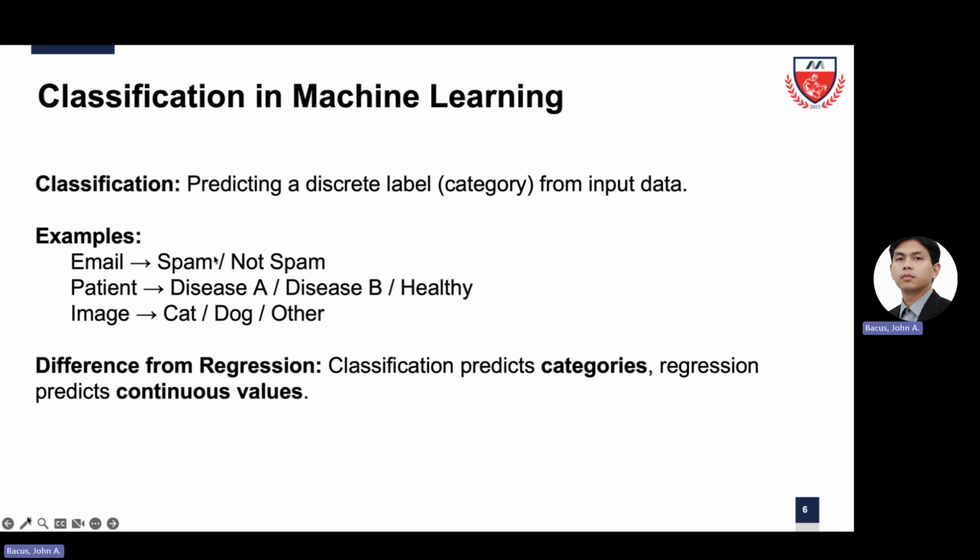Those grades are our labeled inputs, and the prediction is a continuous value of how much score he or she will get in the board exam. That is the difference between classification and regression.